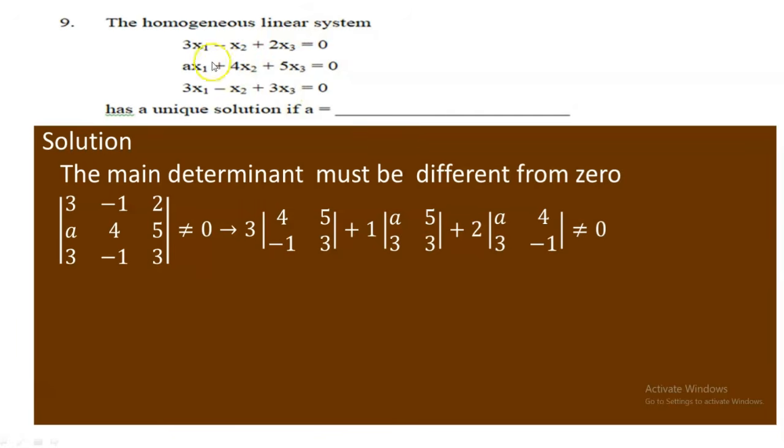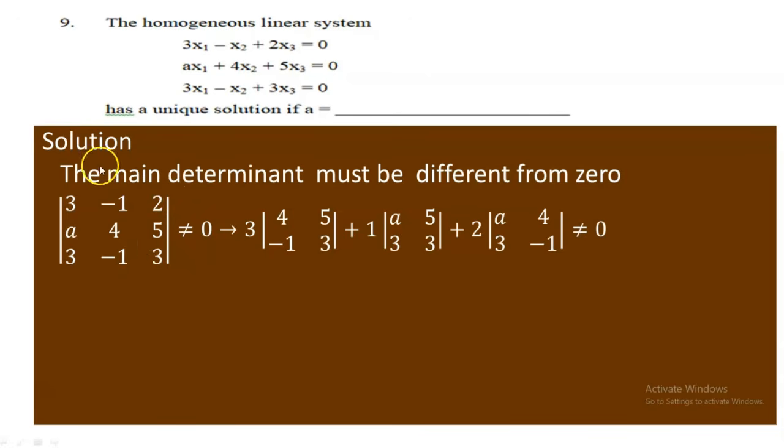The coefficients of x1 are 3, a, 3, so they are labeled here as you see. The coefficients of x2 are -1, 4, -1, as you see. The coefficients of x3 are 2, 5, 3, as you see. This must be different from 0 in order to have a unique solution, because if you remember, in order to know what x1 is, we have been using dx1 over d.